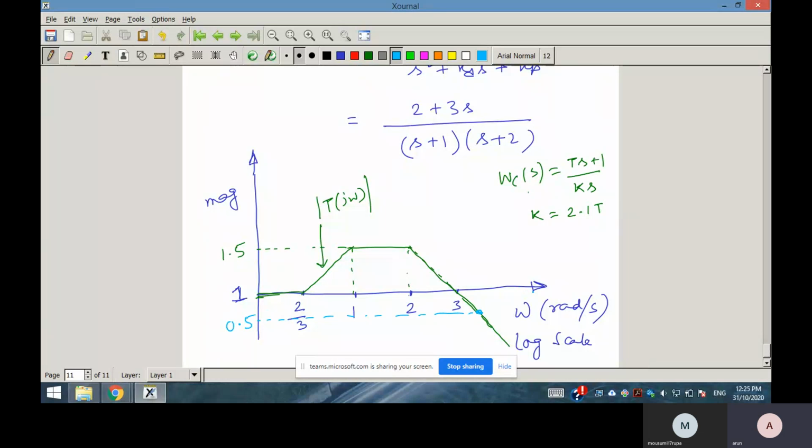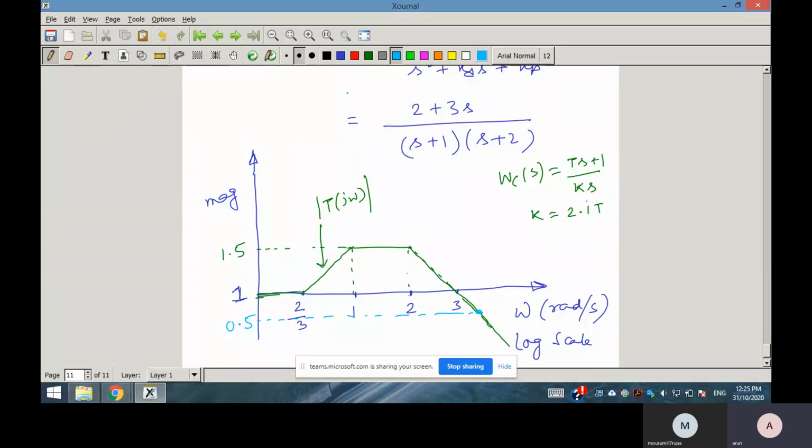So how will it look? Now what is the best? What is the minimum? How can you draw Wc(s) so that it is just above T(jω)? As s tends to 0, magnitude is infinity, so the slope is minus 1.